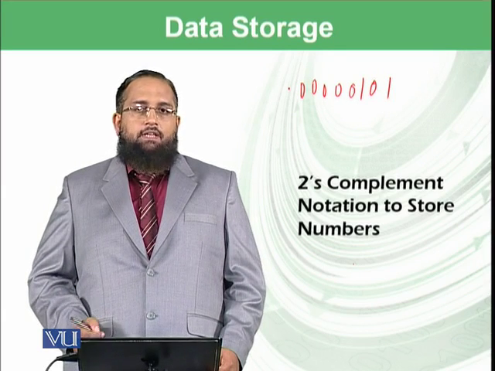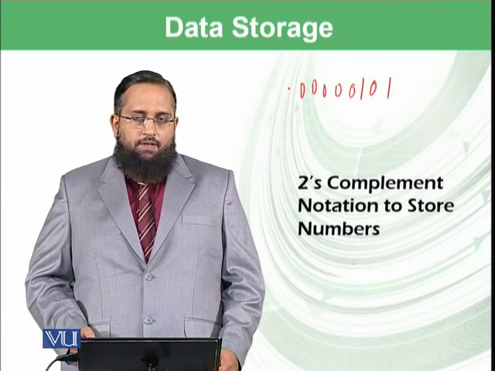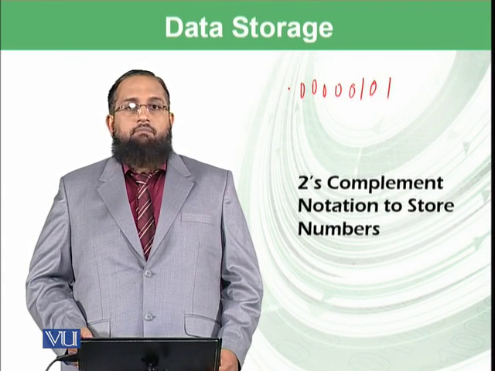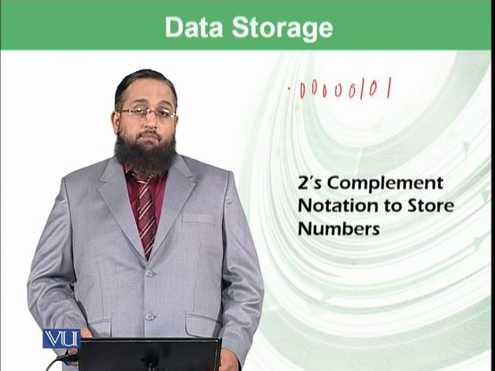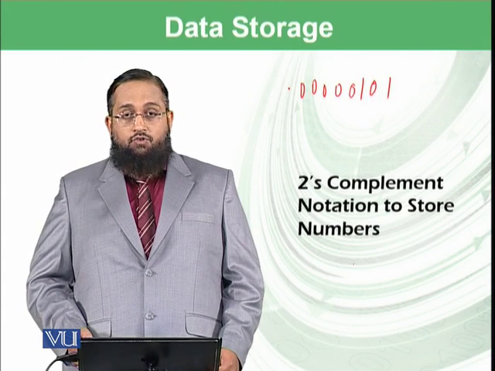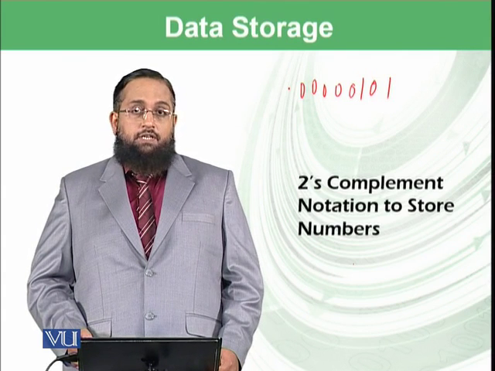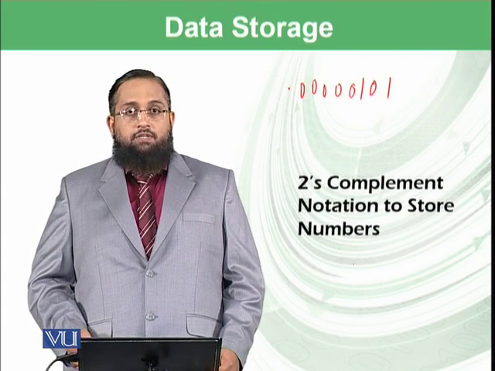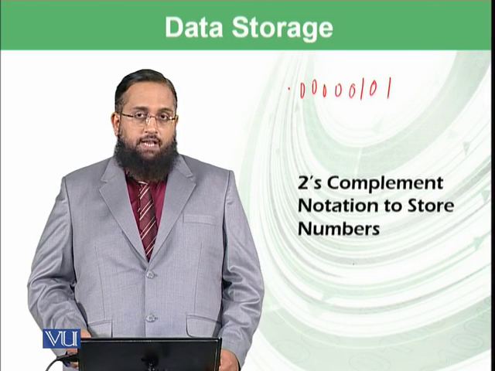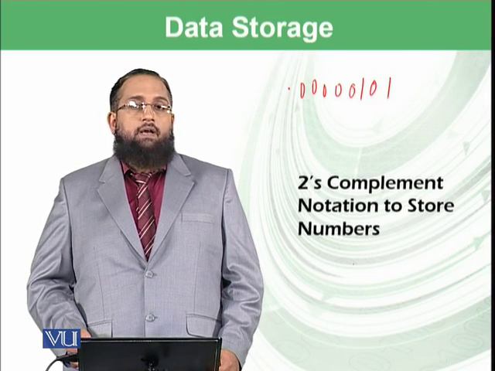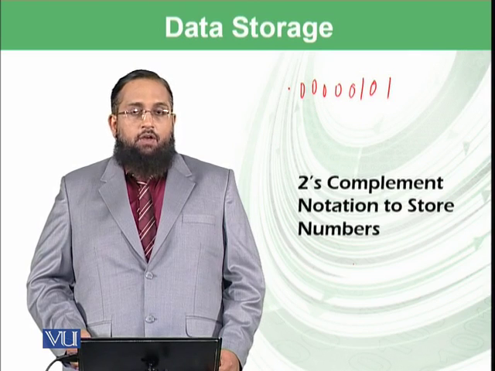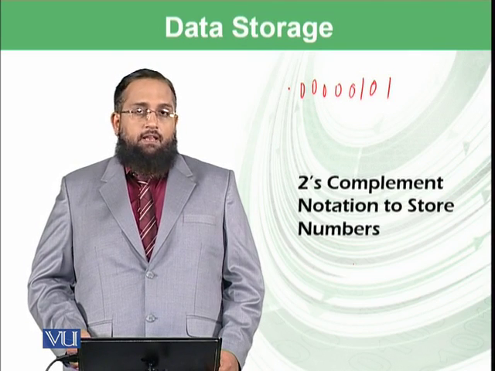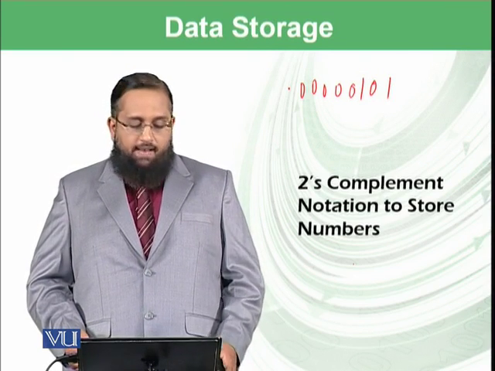But what if there is -5? How will we represent -5 using binary notation? Here is the scheme using 2's complement, which is actually being used by today's computers to represent numeric values, both positive and negative.